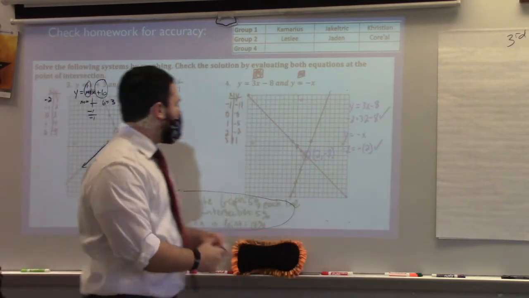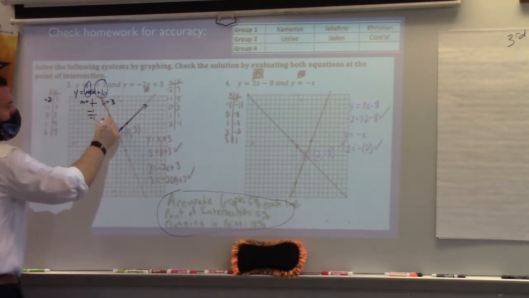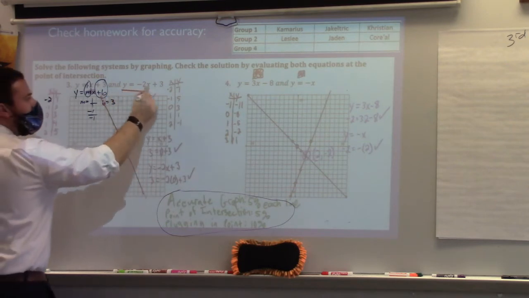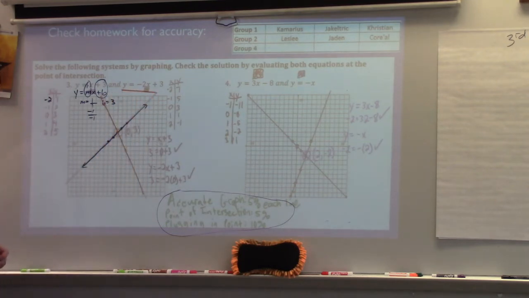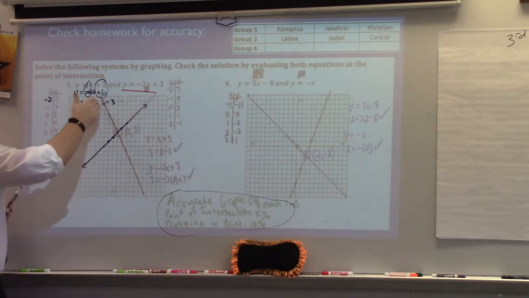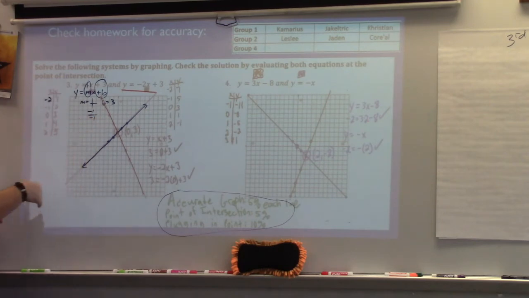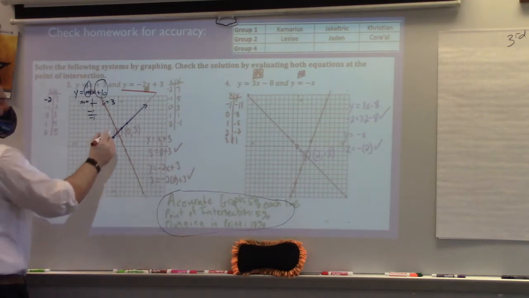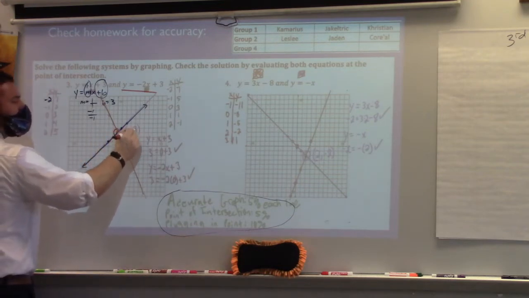Every point on this brown line makes this brown equation true. Right? That's the whole point of the graph: here are all of my solutions. So what's the solution to the system? What makes both equations true? 0, 3. That point of intersection, 0, 3.